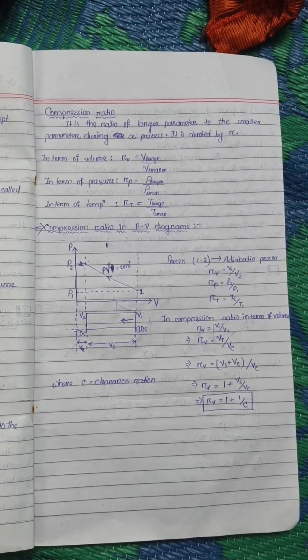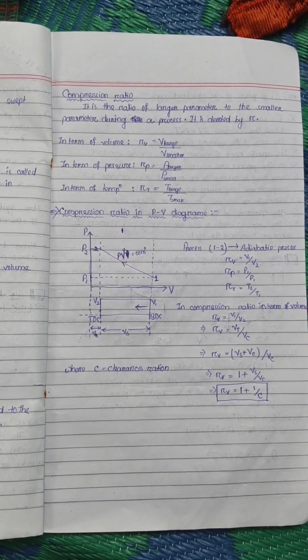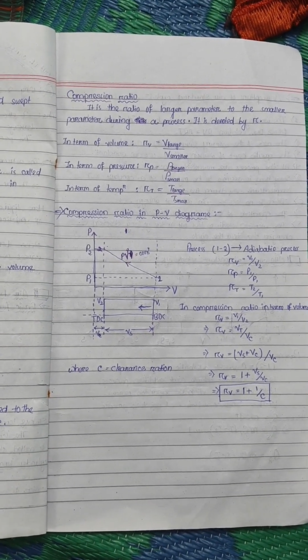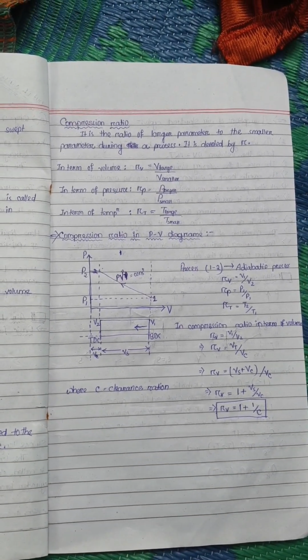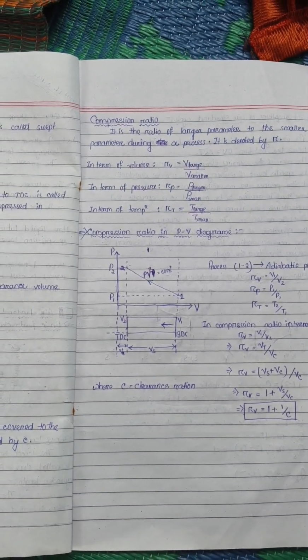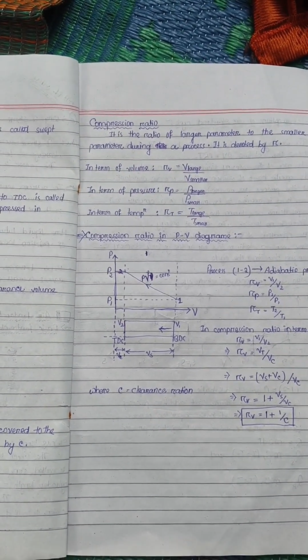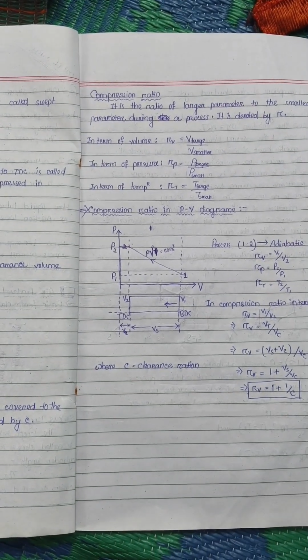It is denoted by R. In terms of volume, R is equal to V large by V smaller. In terms of pressure, Rp is equal to P larger by P smaller. In terms of temperature, RT is equal to T large by T small.